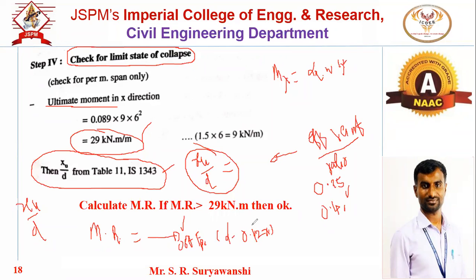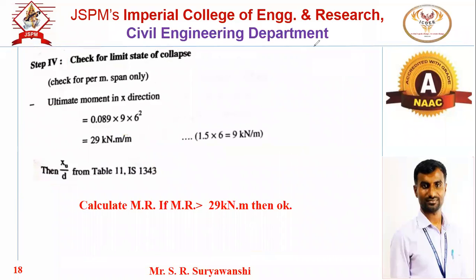This is the force and this is the lever arm, or we can say perpendicular distance. Using that moment of resistance expression that you have studied, we have to find out the moment. समजते का बघा? So this is the ultimate moment due to the given external loading.